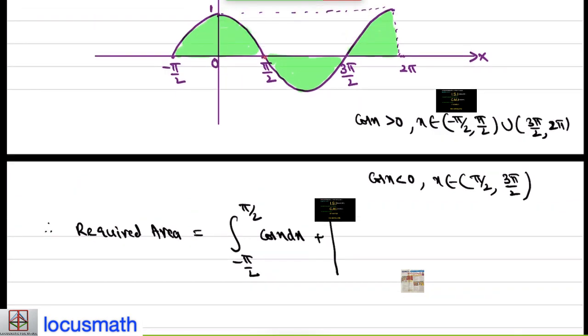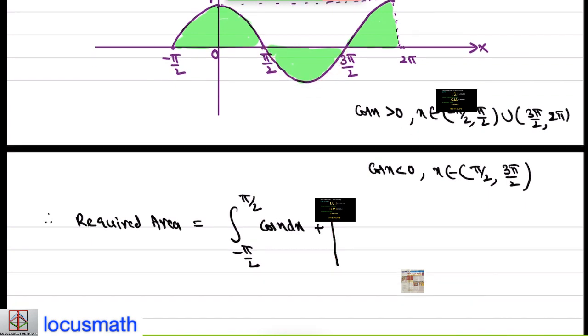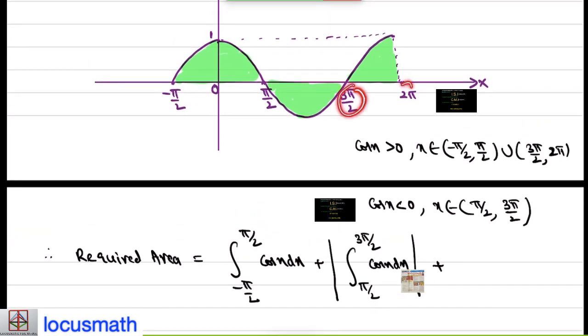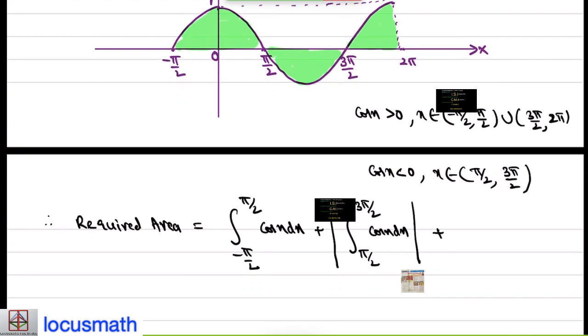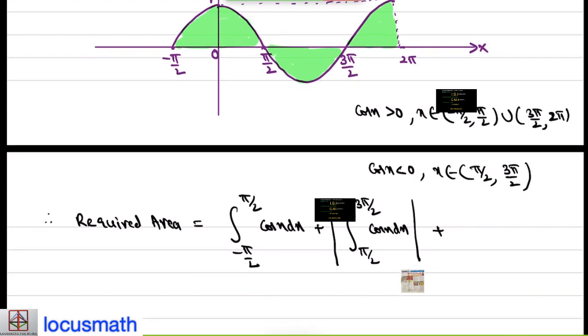To find this area you put modulus here. So this is the mod of the integration from pi by 2 to 3 pi by 2 of cos x dx, plus from 3 pi by 2 to 2 pi, again cos is positive, so you need not put any modulus, just the integral of cos x dx.